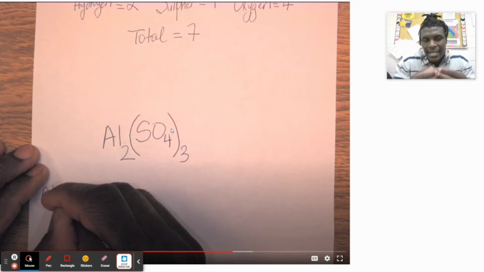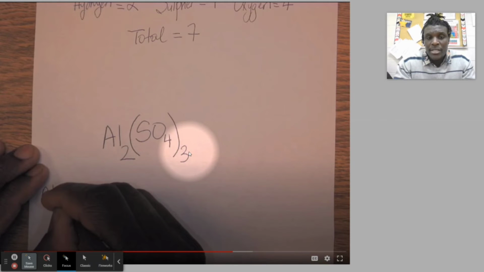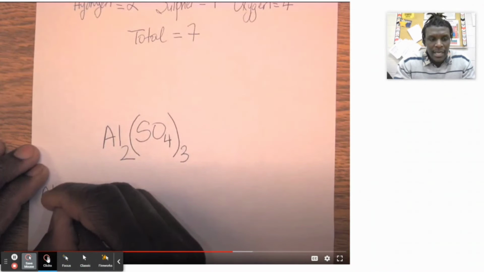Anything that's inside of the parentheses must be multiplied by what is outside of the parentheses. So, as you can see, this is the parentheses. Outside of the parentheses, you have what? 3. So everything inside here must be multiplied by this 3.